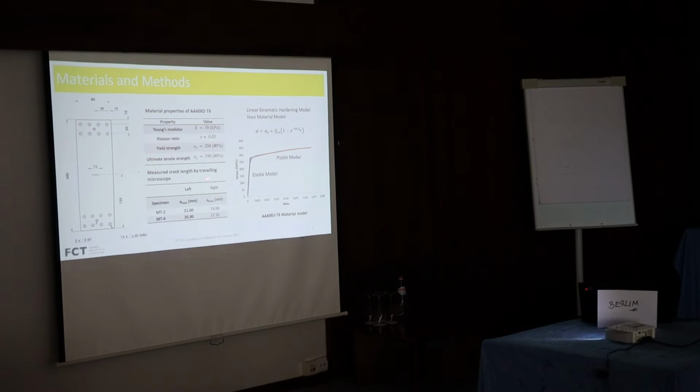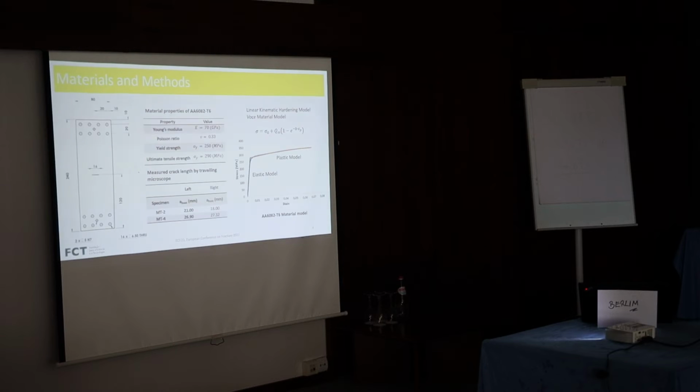We use these mechanical properties for the material because the material is aluminum alloy 6082 T6, and we use the linear kinematic hardening model to predict the elastic deformation and the plastic deformation.